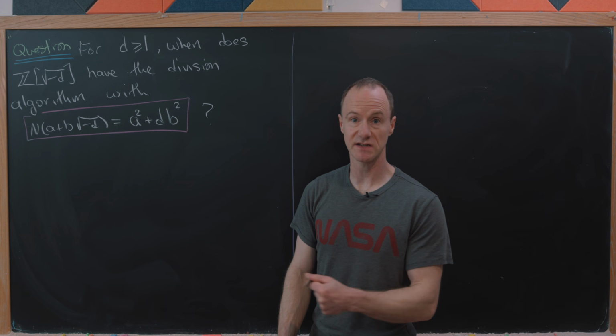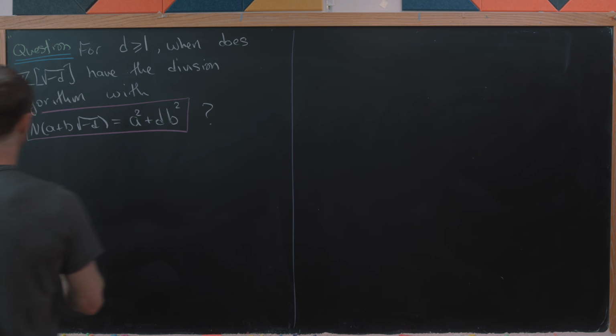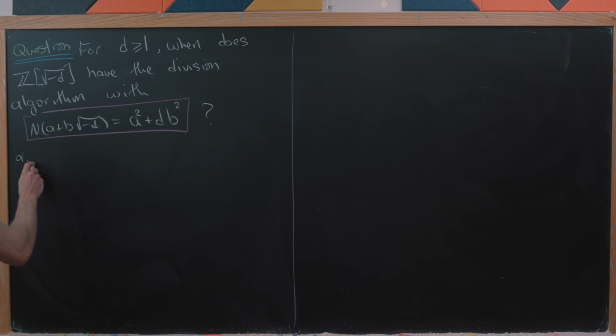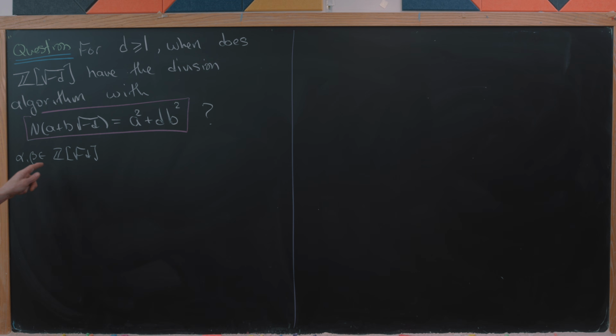Now, the answer to this is fairly geometric. So let's observe that if we have alpha and beta in this space, Z adjoining the square root of minus d, then alpha over beta will be somewhere in the complex plane, and it will lie in a rectangle that has vertices in this space right here.